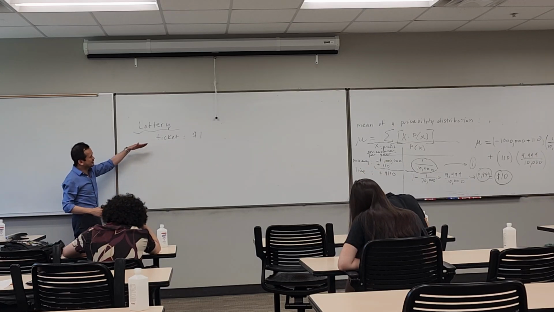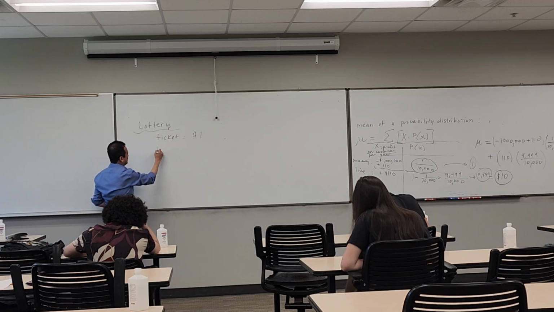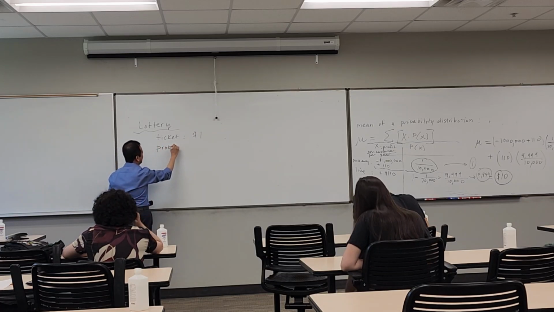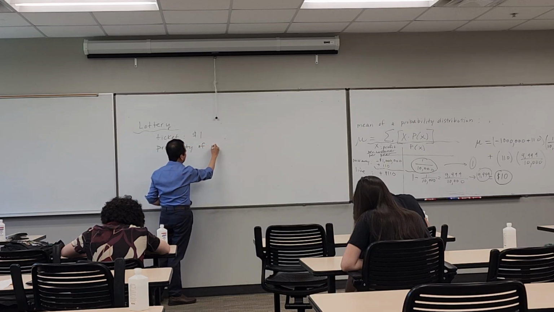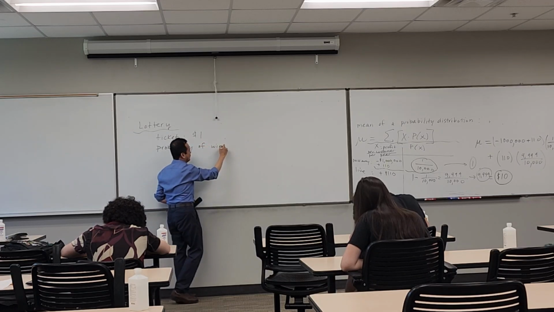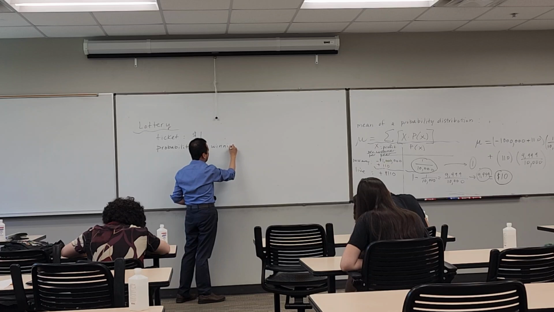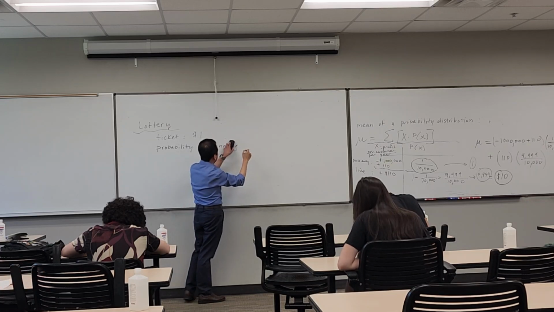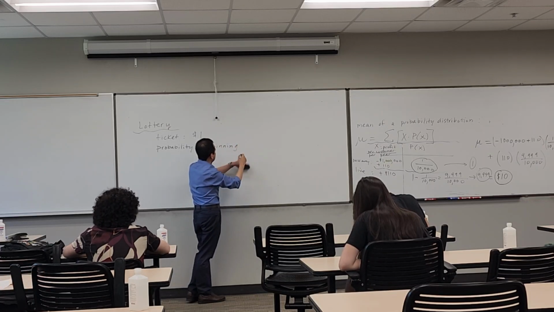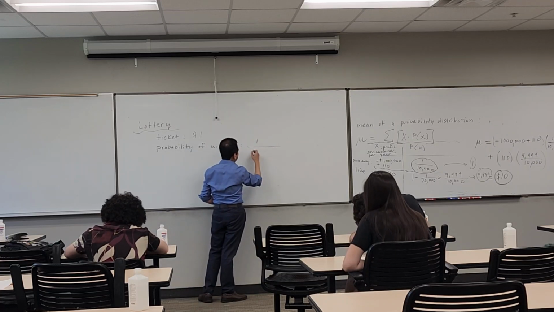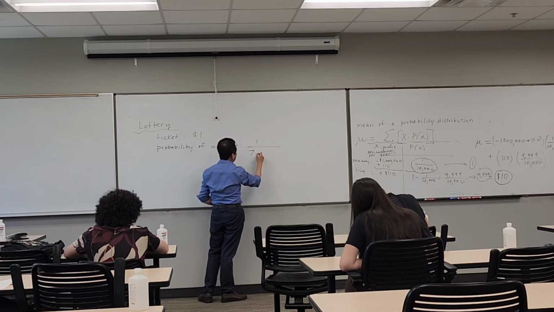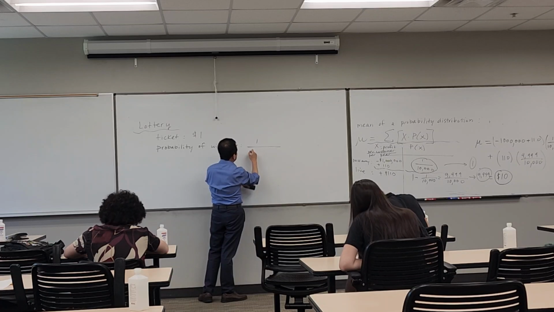So let's say that the probability of winning is 1 in, let's say 13 million.